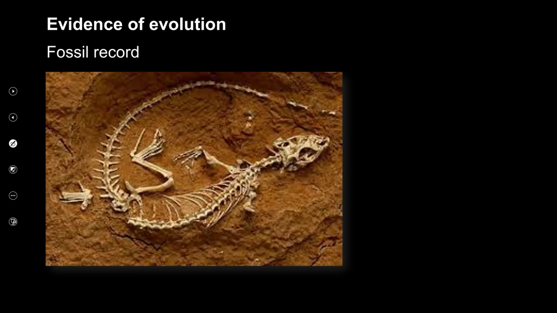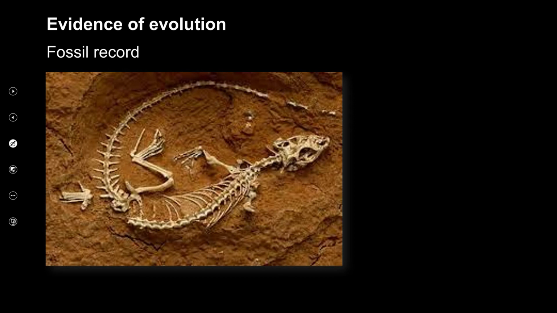Here we see a diagram of an excavation where a fossil is emerging out of the rock layer, and it becomes quite an intense and complicated process to get the fossil out of the rock, because you don't want to damage the bones.